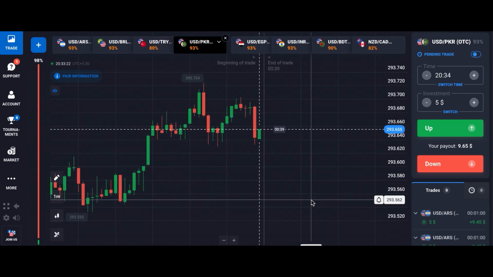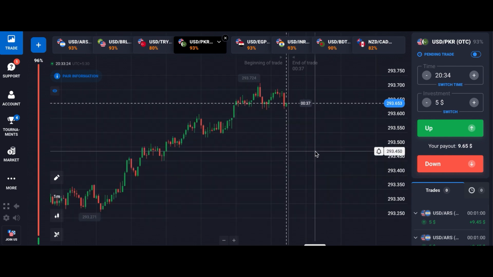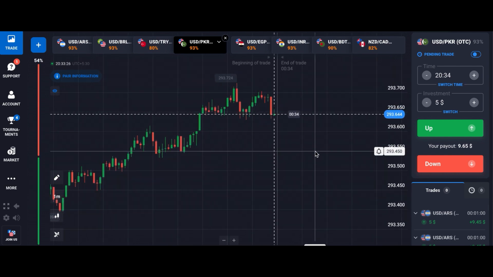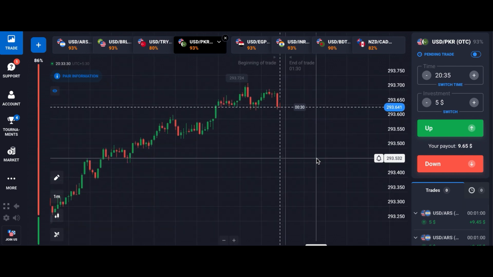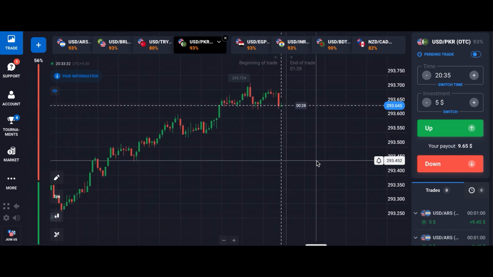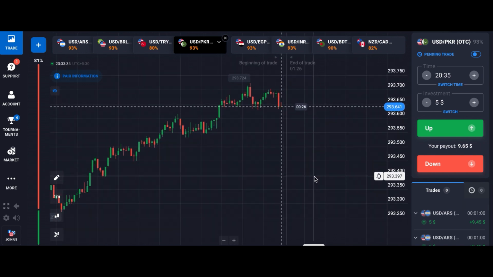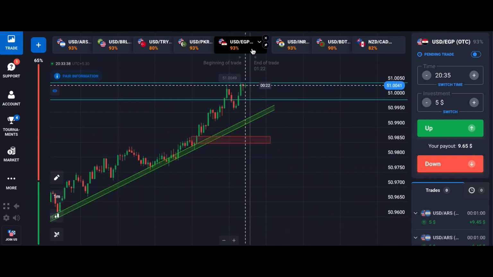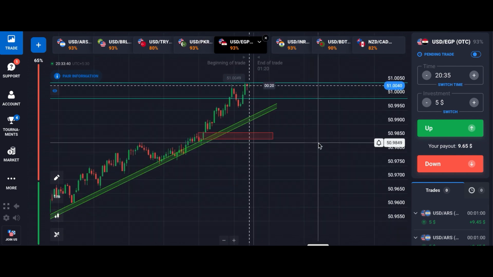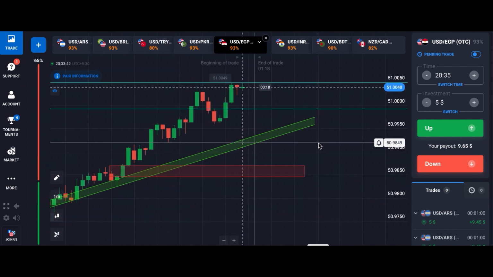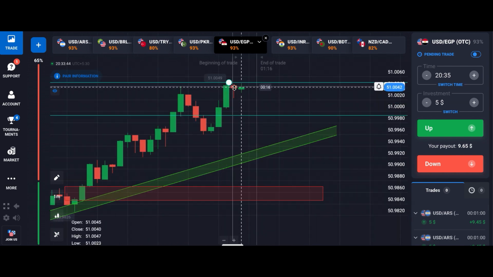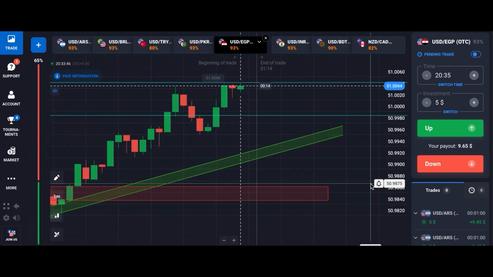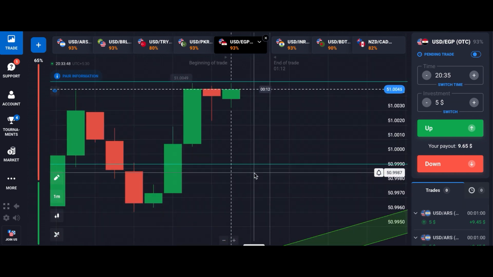Anyhow, let's find another one. Okay, still no opportunity. And from here, the market has gone into rejection and it is going down. So now let's see what this candle is going to do.